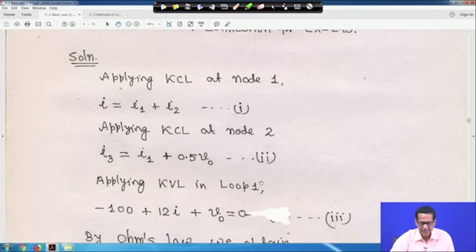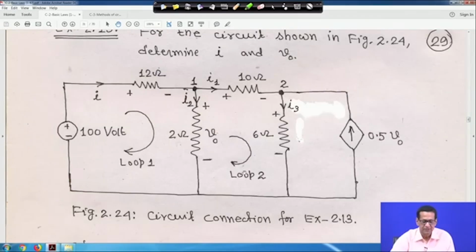Now we apply KVL in loop 1, moving clockwise. First you encounter the minus sign of the 100 volt source, so it will be minus 100.